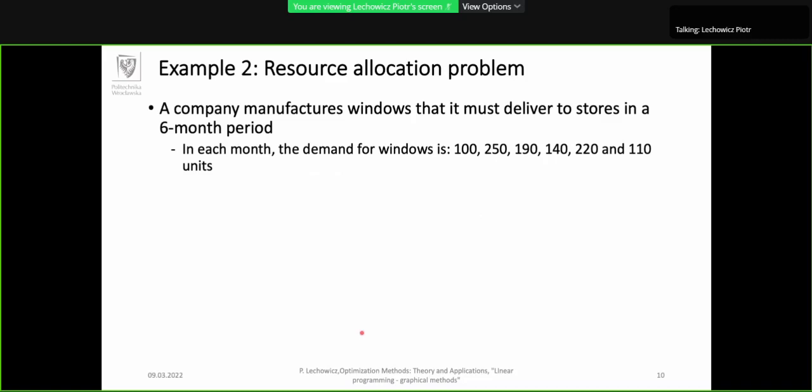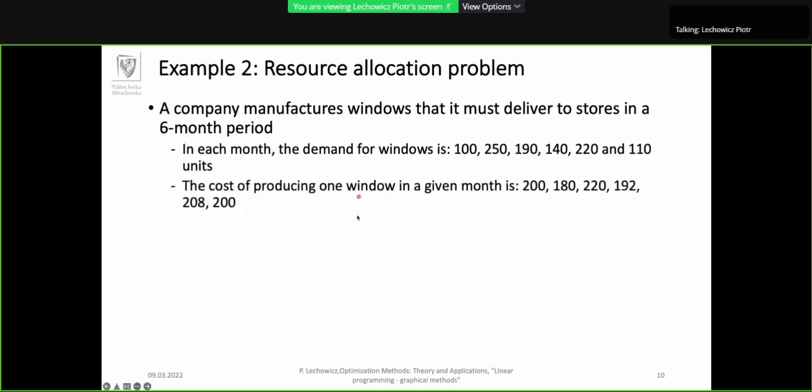For example, based on some agreement with the shop, they require a different amount of windows per month, and this is the amount of units required for each month. And the cost of producing one window in a given month is also different. It can depend, for example, on the change of the resources price or cost of transporting resources, which is related to the fuel cost. So many different variables can impact the cost to produce one window.